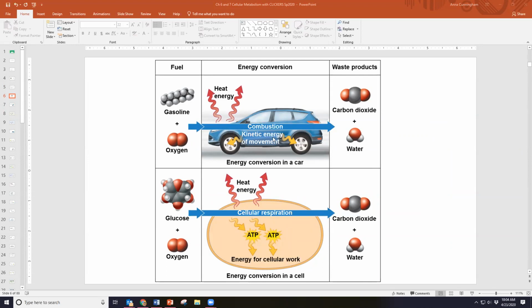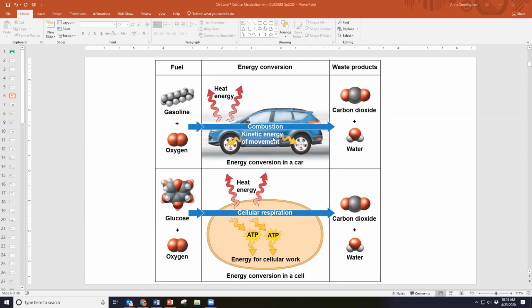But you'll notice that when you get out of the car after you've gone somewhere, if you touch the hood, there's a significant amount of heat released. The car is hot, and not because we're in Arizona. The car is hot because it's been converting gasoline into energy.